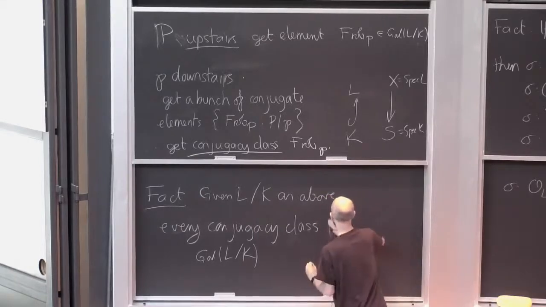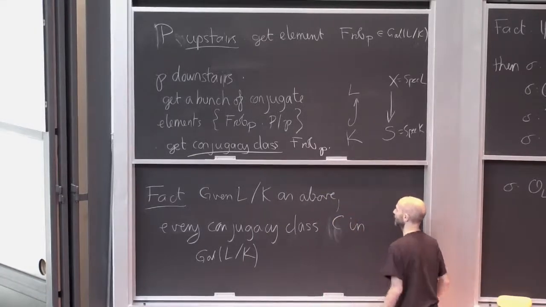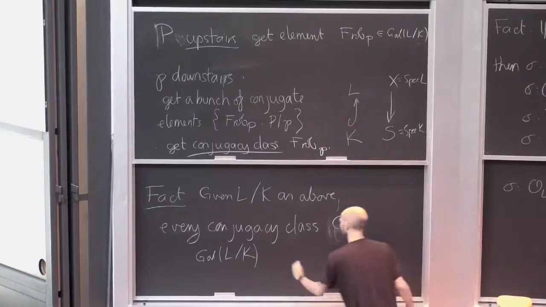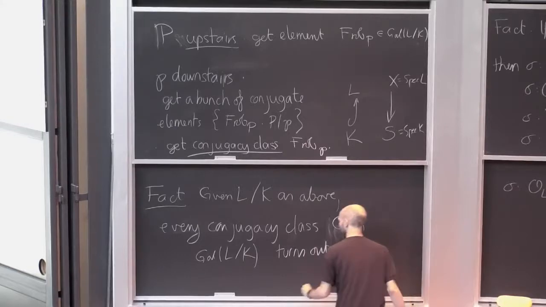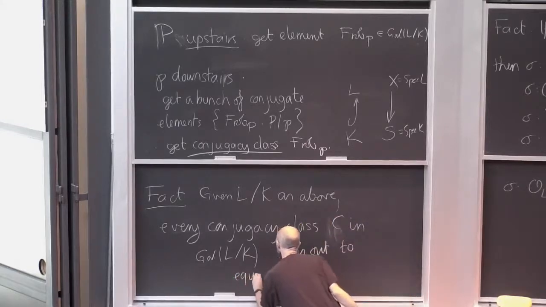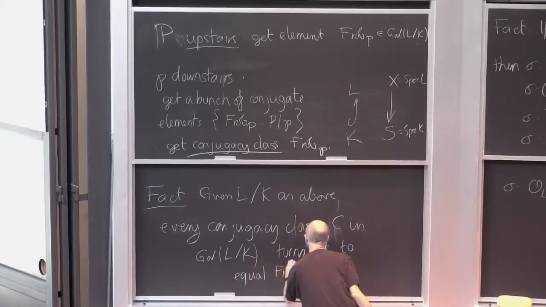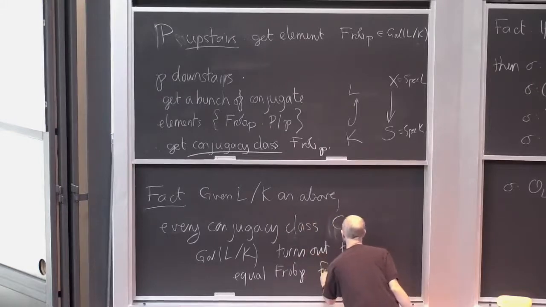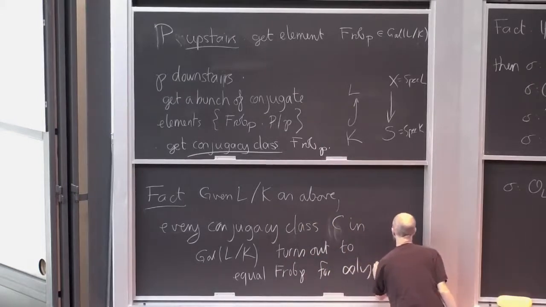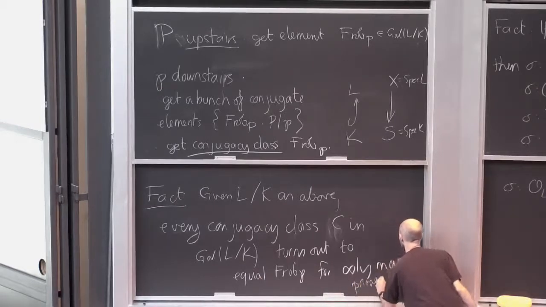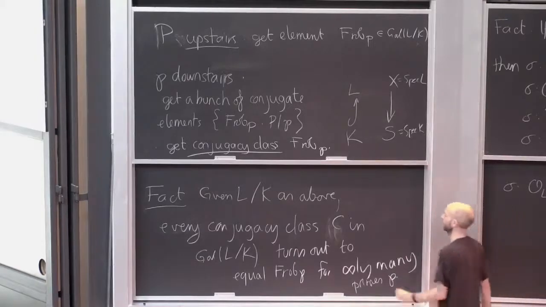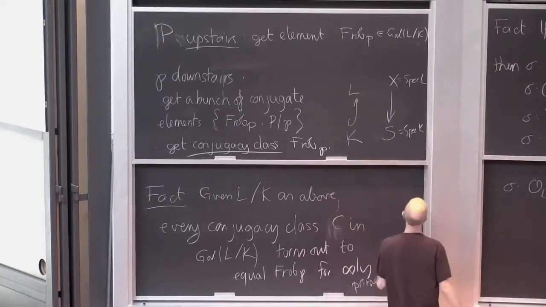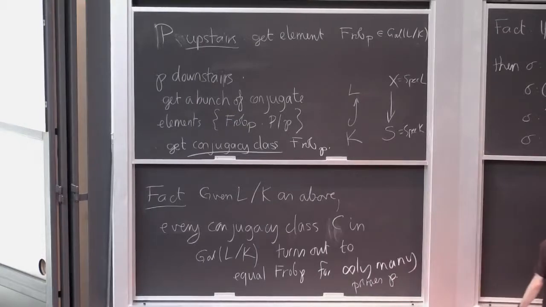Every conjugacy class C in Gal(L/K) turns out to be equal to Frob curly P for infinitely many primes P. That's not just a fact, that's called Chebotarev, well, that's a very weak form of the Chebotarev density theorem.